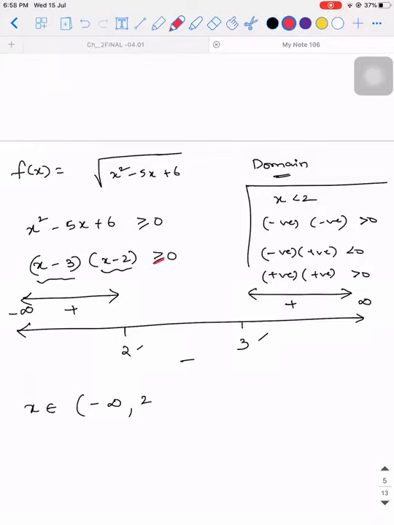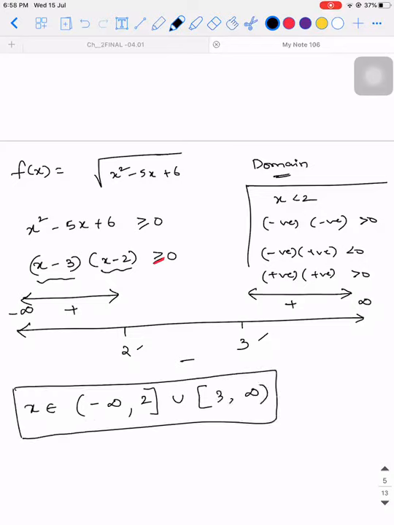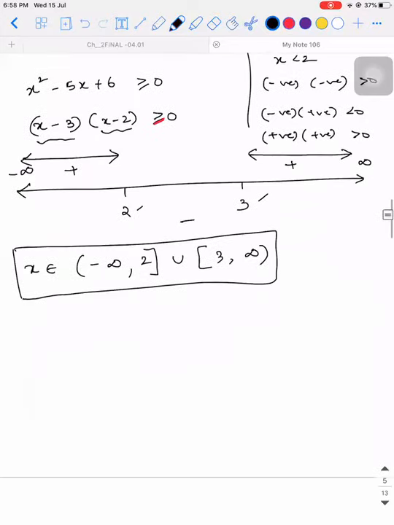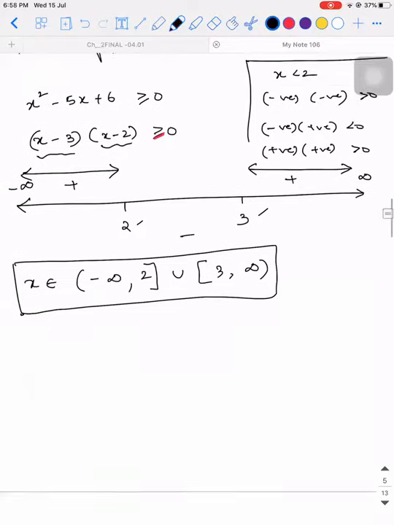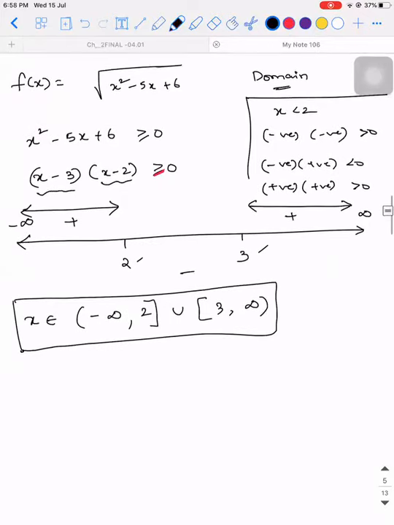Okay, sir. So minus infinity to 2 closed, union 3 closed to infinity open. Now you guys understood how to find the domain. Yes, sir. Okay. Range, I don't want you to break your head now because you need some time to absorb this concept.